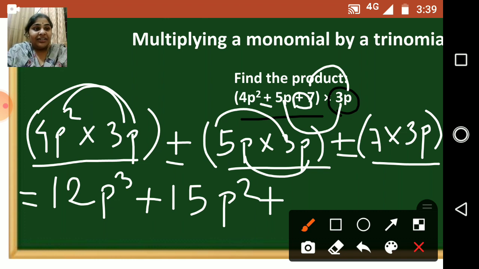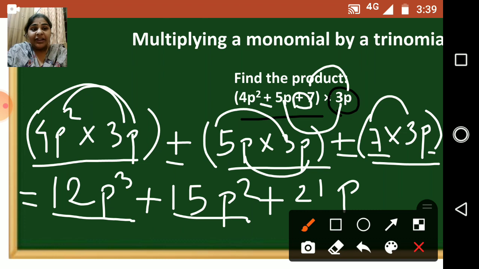Okay. 7 multiplied by 3, 21. There is no variable in the first term. Only p is here, so as it is, p will come. So now children, our answer is 12p cube plus 15p square plus 21p.